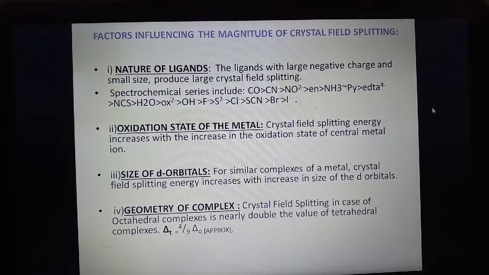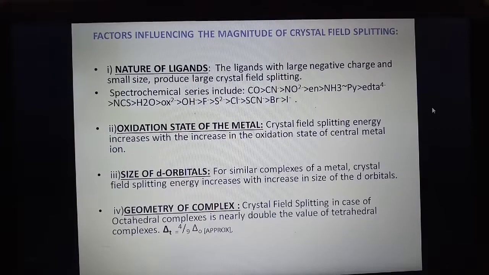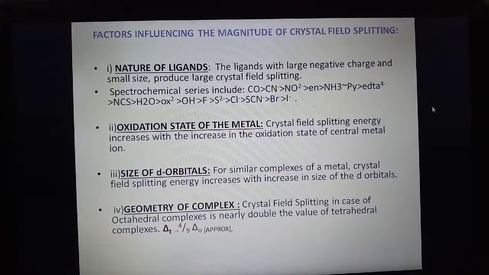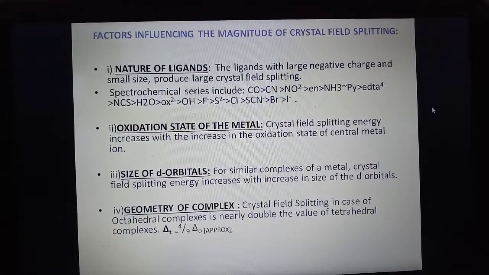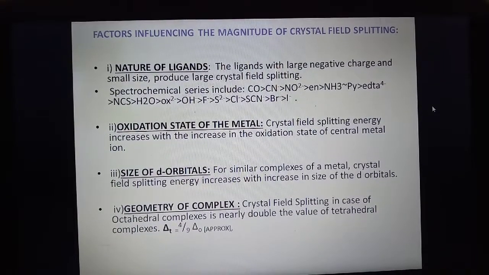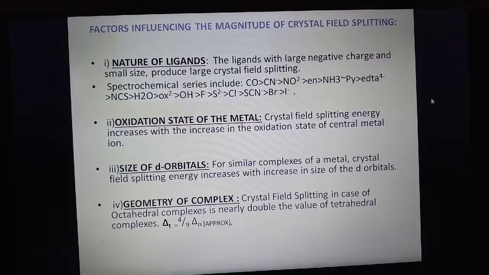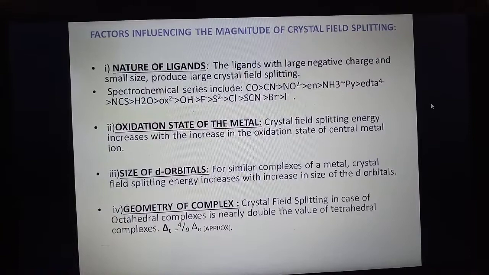You can go further to hydroxide, fluoride, sulfide, chloride, thiocyanate, bromide, iodide, etc. So the order you have to be very careful. You can see the first half are very strong ligands, while the lower part are very weak ligands.